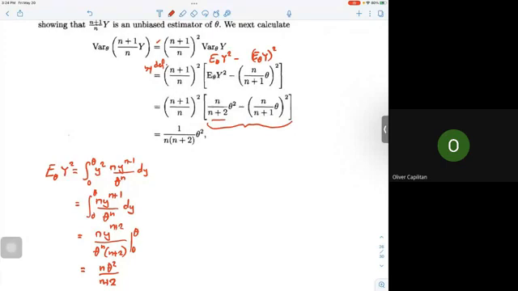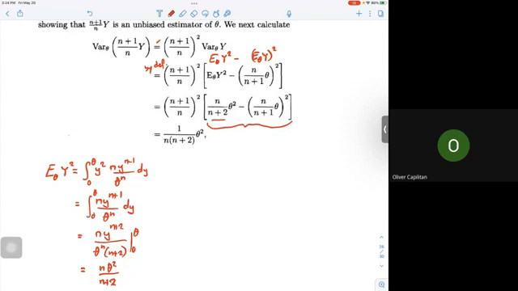Okay, we have another unbiased estimator of our theta, in which the variance of this unbiased estimator, n plus 1 over n times y, is equal to theta squared over n times n plus 2.